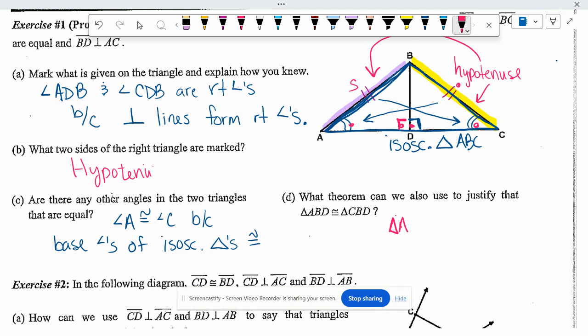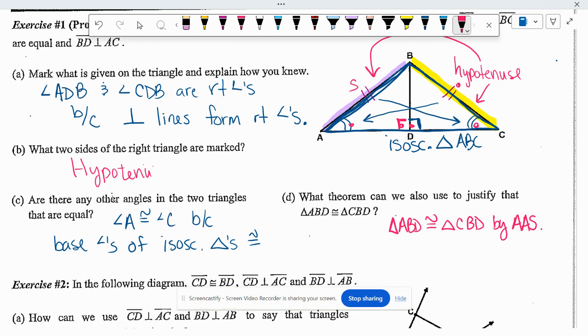So triangle ABD is congruent to triangle, hang on a second, CBD by angle, side. So we prove that they're congruent by angle, side.